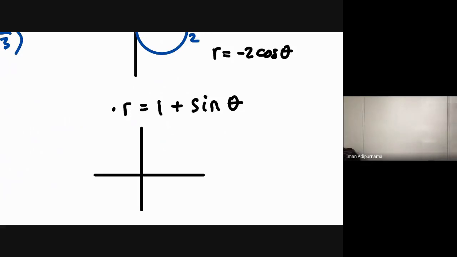So maybe it's around here. Or maybe I will draw some circles to help drawing the curve. And again, this is not xy, this is a polar system, so I will not write any xy on the axis.